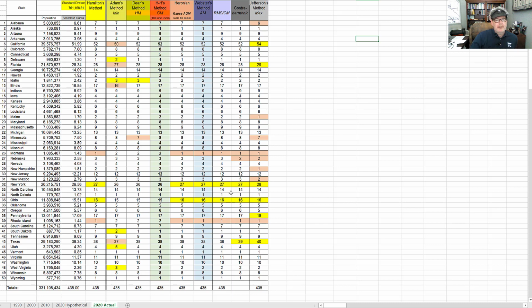Anyway, they sometimes say Huntington Hill kind of favors small states because of where you round. If you're rounding below 0.5, you're more likely to end up helping smaller states because you often have to divide by a bigger number, which hurts bigger states.